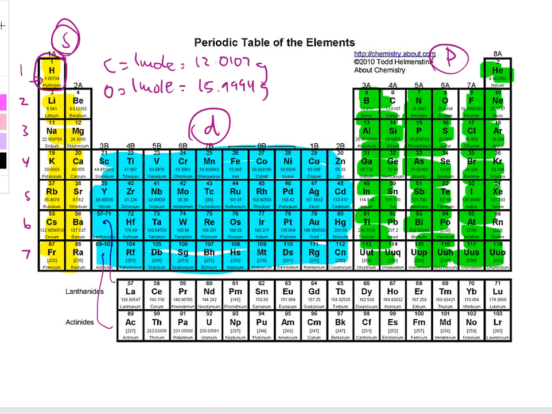And then you guessed it, the two at the very bottom, down here. These two rows are pulled apart, not only to make the shape of the periodic table a little better, but they are pulled away from the table and put down at the bottom because these represent our F's.